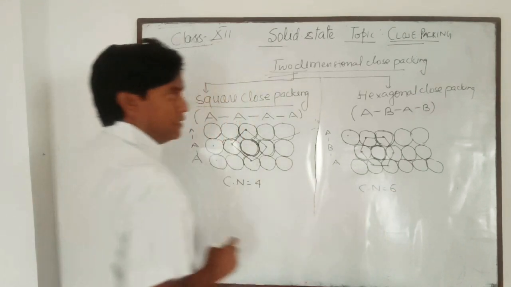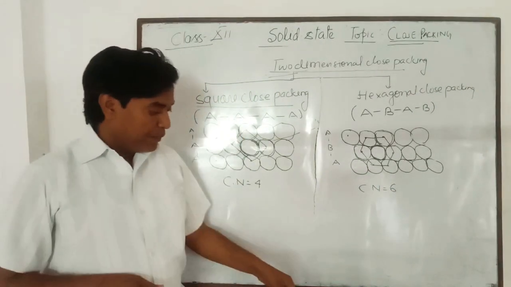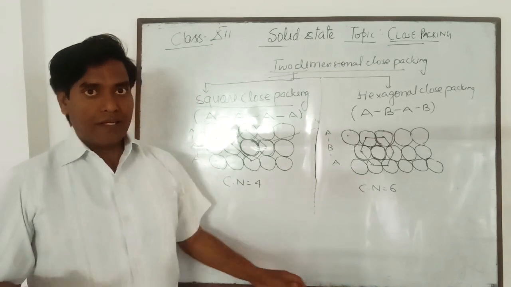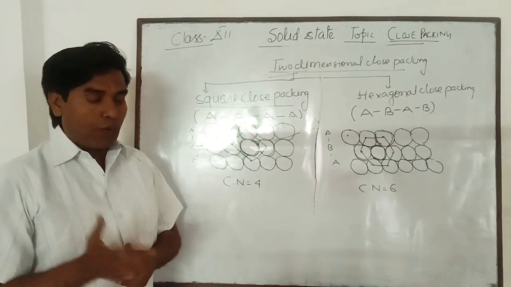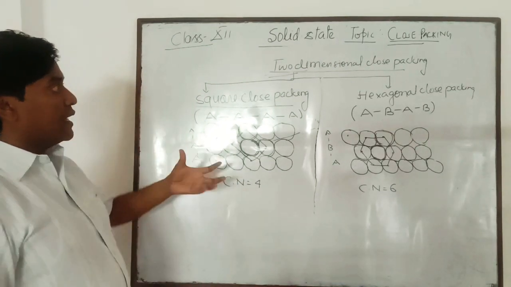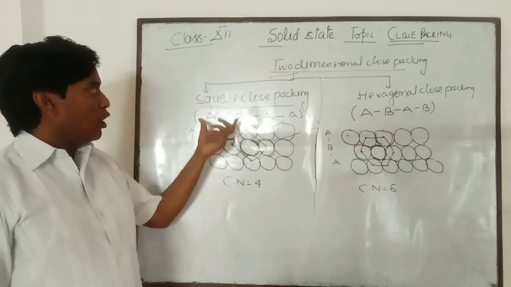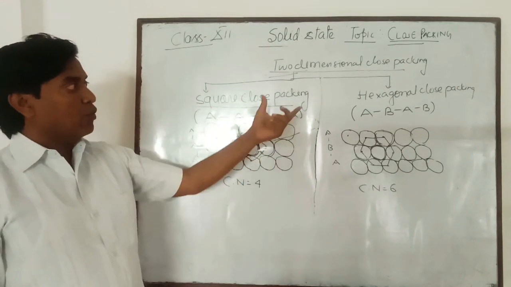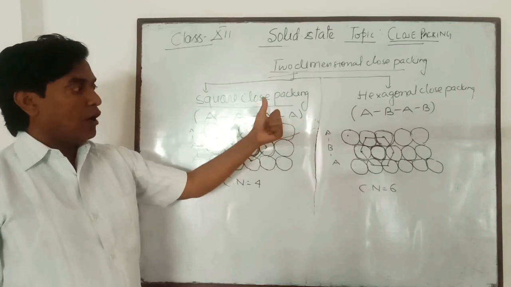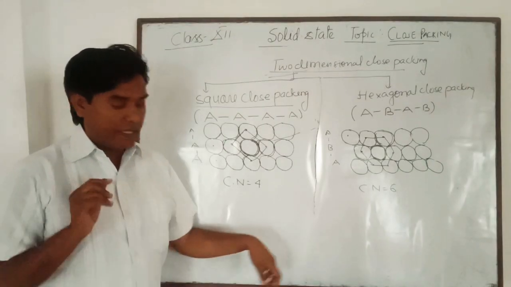Clear? In square close packing the coordination number is 4, and in hexagonal close packing the coordination number is 6. But in JEE and NEET exams, one question is commonly asked: what is the packing efficiency of square close packing and of hexagonal close packing? Clear?